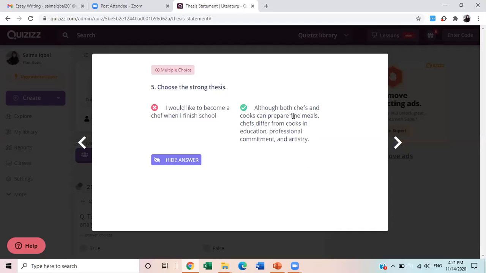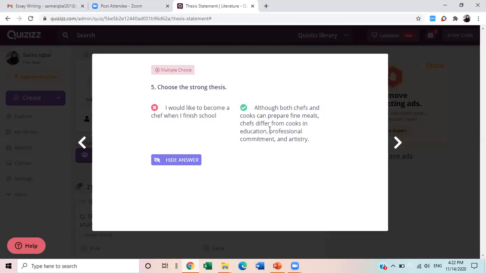Look at this. When we talk about academic writing, in terms of sentence organization and grammar, it is very standard. Look at it: I would like to become a chef when I finish school. It cannot be a good thesis statement.